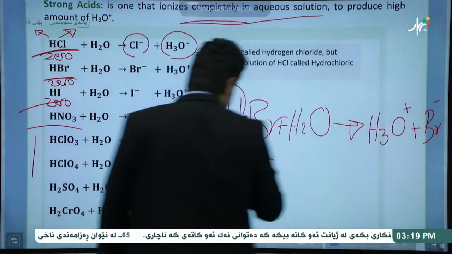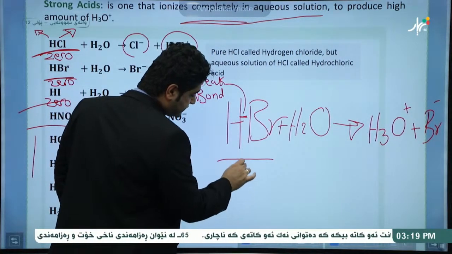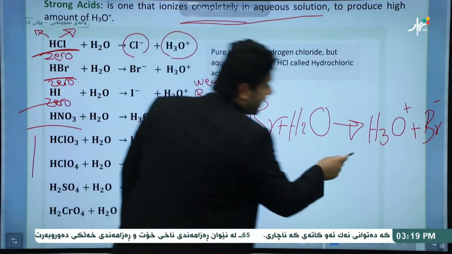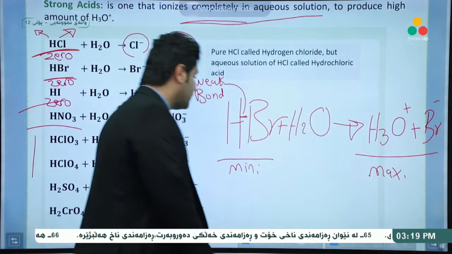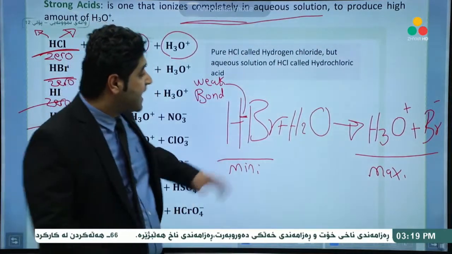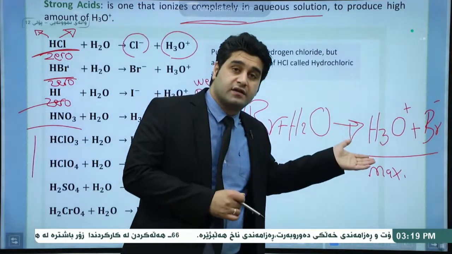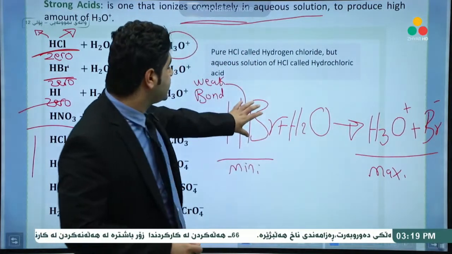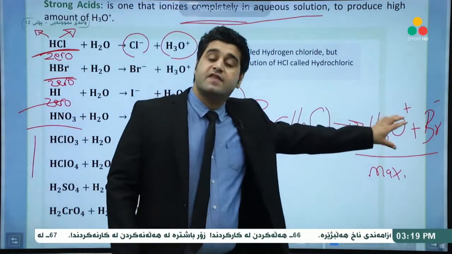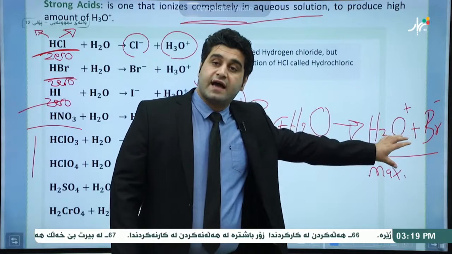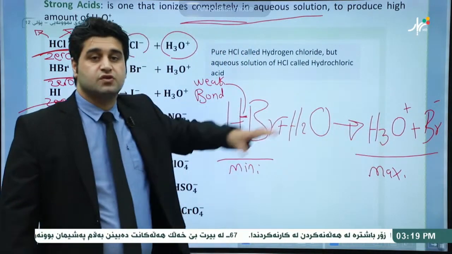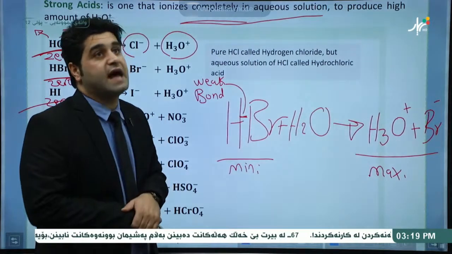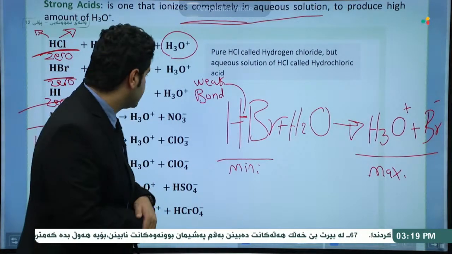So now in here we have minimum concentration, but in here we have maximum concentration. Why maximum? Because it completely ionized to form the ions. So now instead of the molecule of the acid, we have only the ions. So the ions are present at maximum concentration in the aqueous solution of a strong electrolyte, like a strong acid.